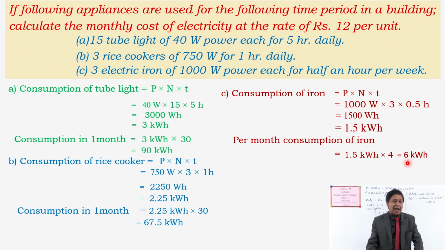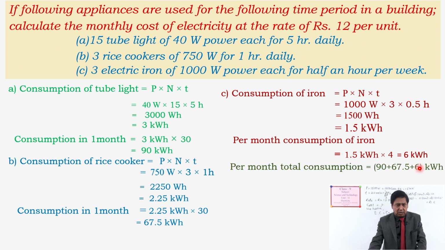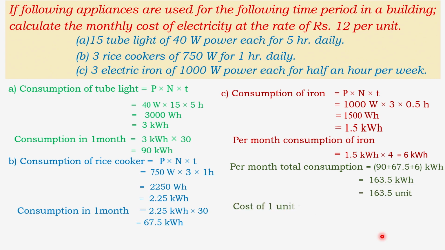Okay, now we have to get the sum of all these consumptions, 90 kilowatt hour and 67.5 kilowatt hour and 6 kilowatt hour. Per month total consumption is equal to 90 plus 67.5 plus 6 kilowatt hour, and this is equal to 163.5 kilowatt hour, and kilowatt hour means unit, 163.5 units, and cost of 1 unit is rupees 12, given.